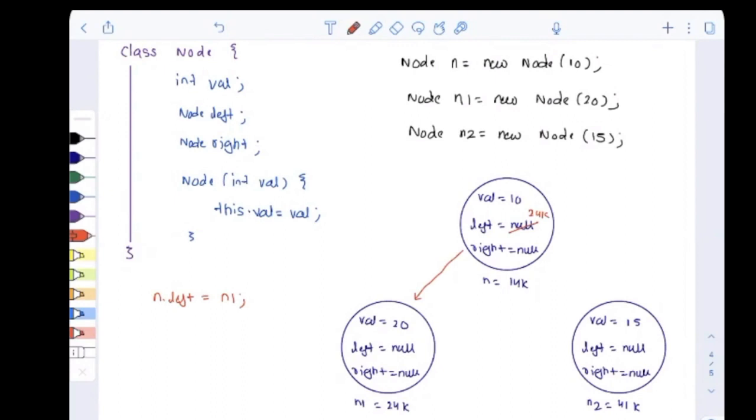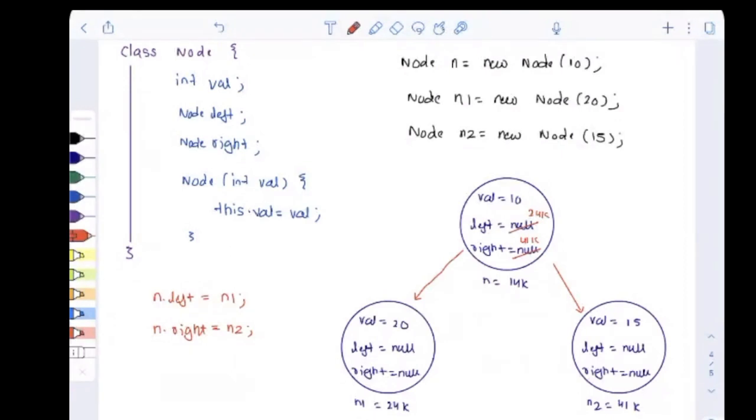Perfect. Okay. Now, if you say n dot right is equals to n2, by this line, what will happen? 14k's right is going to become n2. That means 41k. And by this line, you are doing this connection. So yeah, makes sense. This is how the connections are going to be built.